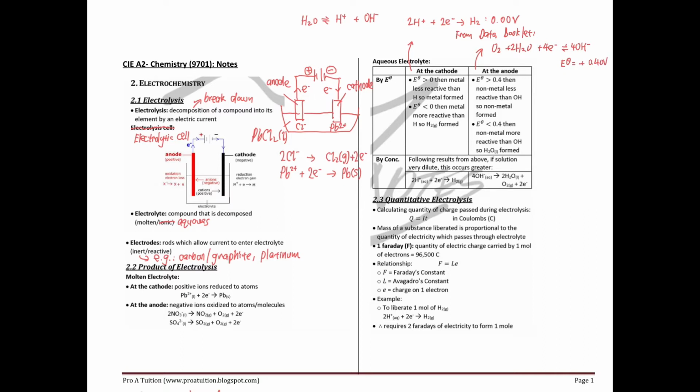Always remember, the data booklet gives us the equation in reduction form, so from left to right it is reduction. But what happens at the anode is oxidation, so you have to read from hydroxide to the left.